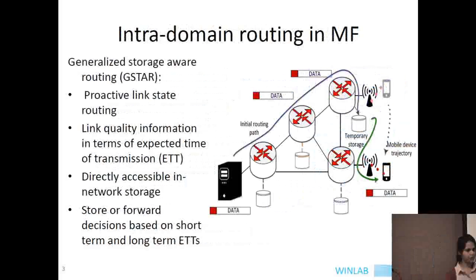Before I delve into the interdomain architecture, I want to briefly say what happens for intradomain, which is within a network. What is the routing scheme that takes place, and then I can move on to what happens when you have multiple networks connected together. So in Mobility First, intradomain uses GSTAR, which is generalized storage aware routing. It is essentially link state routing, so it's OSPF style, but it also has a few unique features.